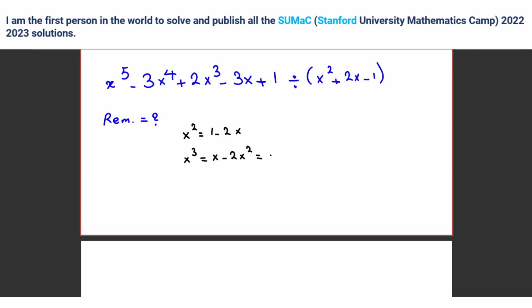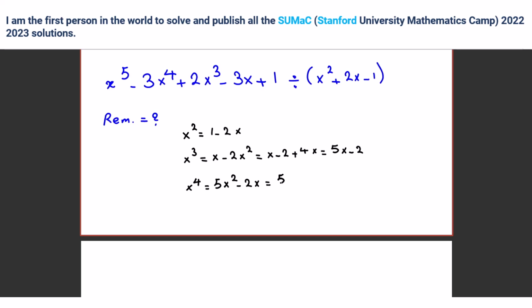If I substitute x minus 2 times 1 minus 2x, it's x minus 2 plus 4x, which is 5x minus 2. x to the 4 is what?